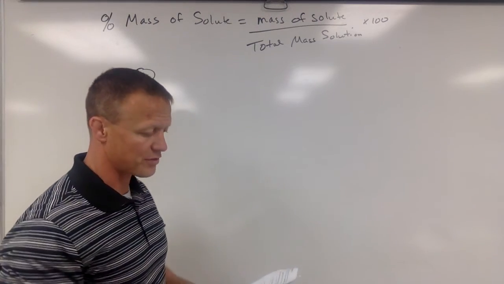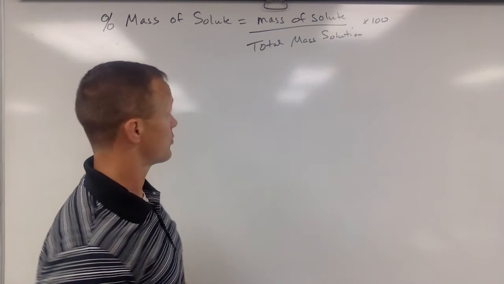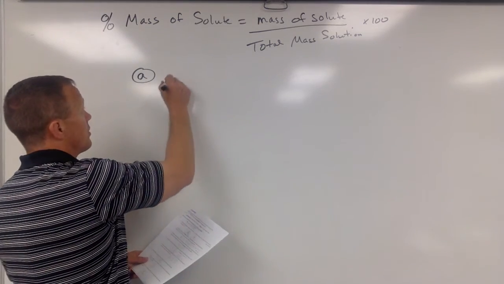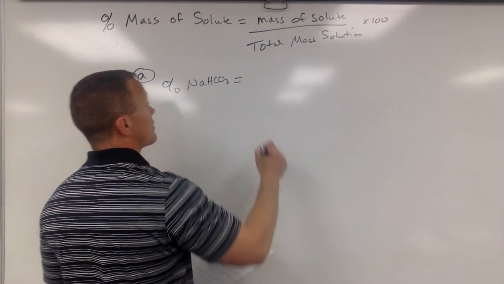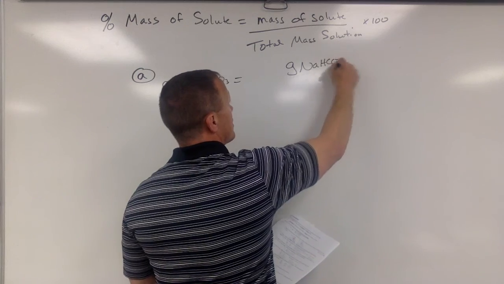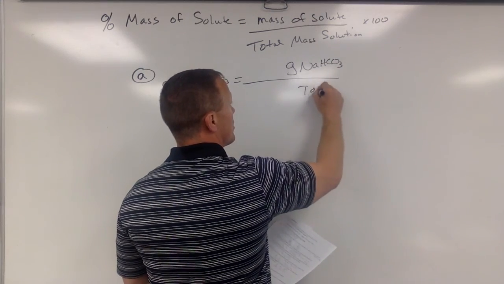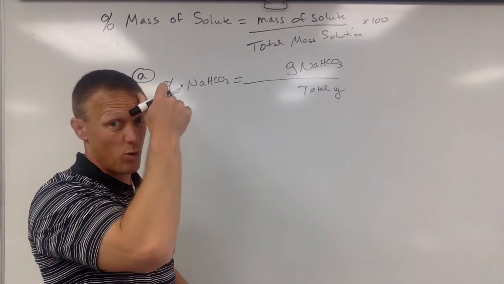What's the percent mass of sodium bicarbonate in a solution that has 20 grams of sodium bicarbonate and 600 milliliters of water? So our percent of sodium bicarbonate is going to be the grams of sodium bicarbonate over the total grams of solution, meaning the sodium bicarbonate plus water.